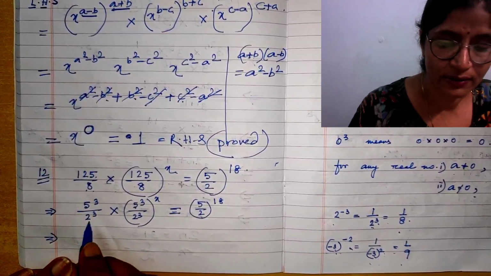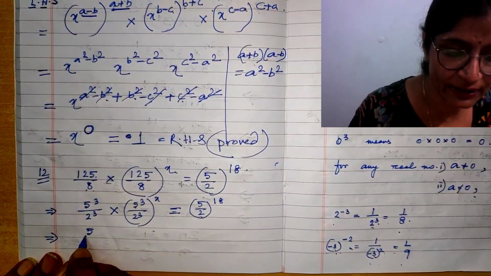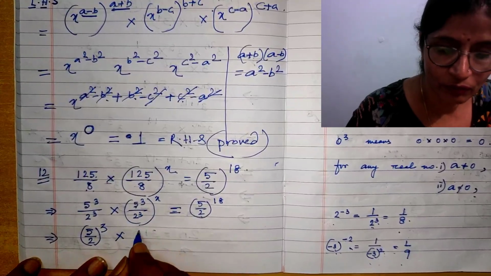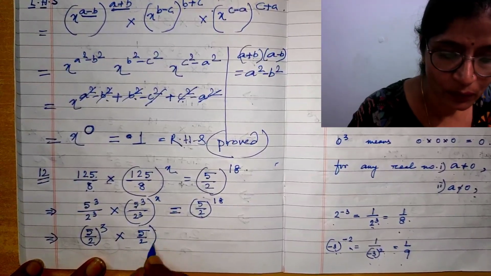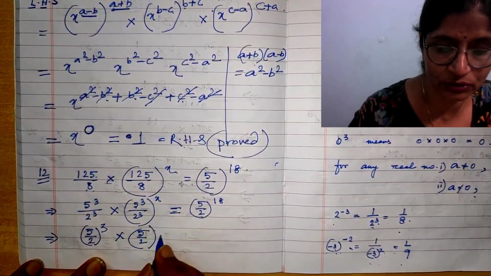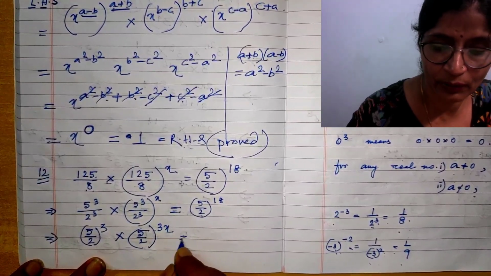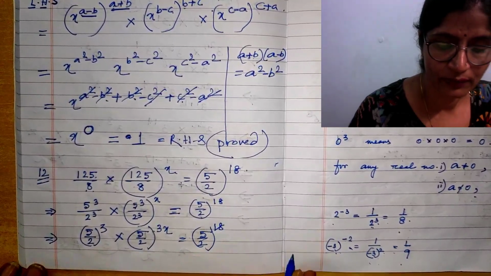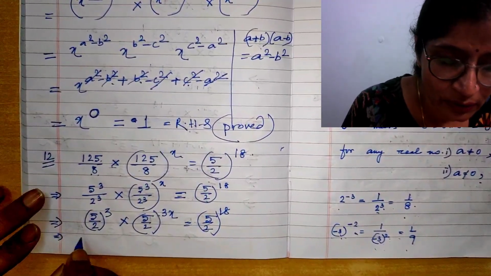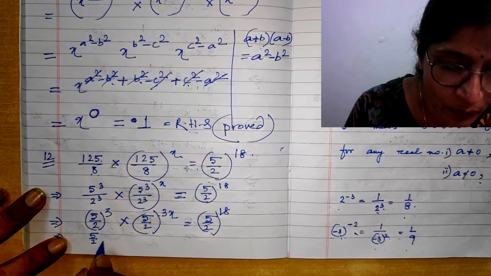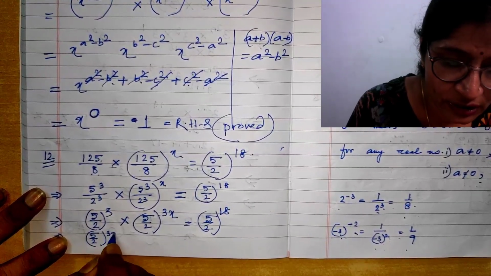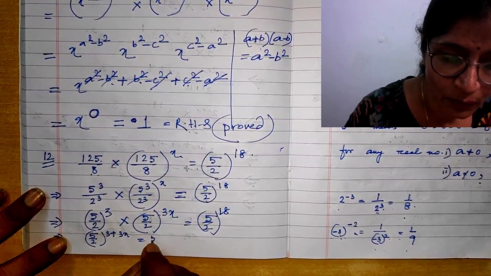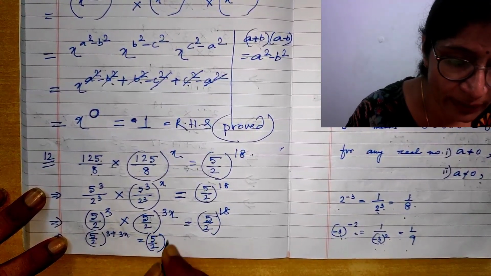Now next, I can write 5 by 2 whole cube into 5 by 2 whole cube and x, so this is 3x, equal to 5 by 2 whole 18, and that is 5 by 2 whole to the power 3 plus 3x, because powers will be added, equal to 5 by 2 whole to the power 18.